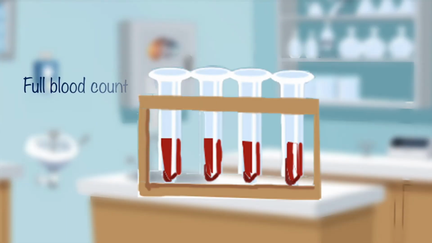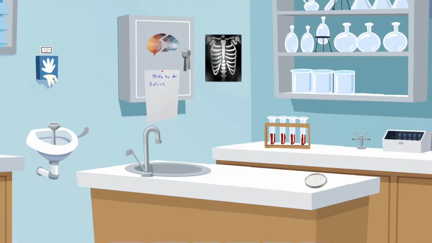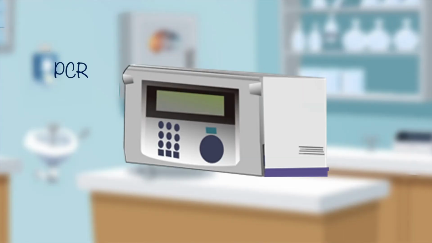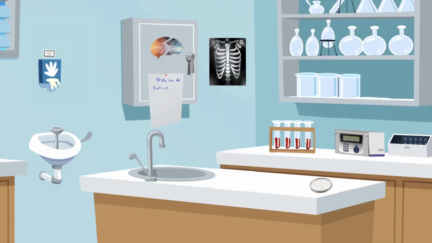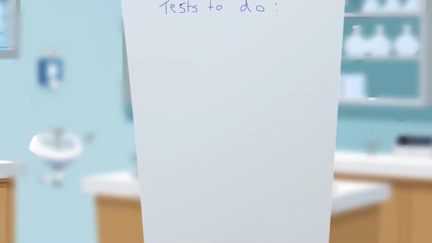Then, a full blood count would show a raised white blood count and a low hemoglobin. Finally, a polymerase chain reaction would be used on sputum or any bodily fluid, and it would also be positive. So they're the tests you do for active TB.